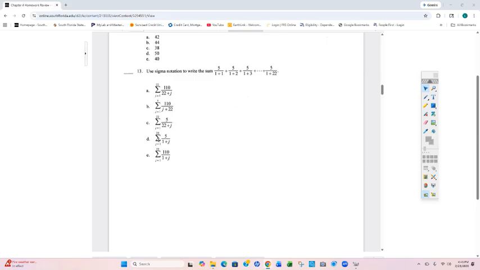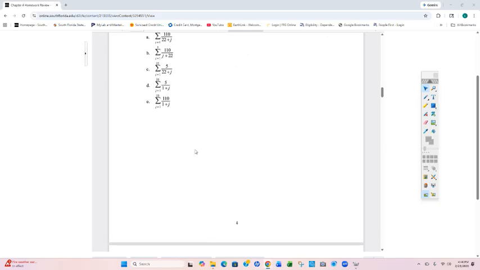D, capital sigma for summation again, j equals 1 on bottom, 22 on top. The function is a fraction, 5 on top, 1 plus j in the denominator. E, summation symbol, j equals 1 on bottom, 22 on top. Your answer is a fraction, 110 in the numerator, 1 plus j in the denominator. Correct answer for 13 is D.